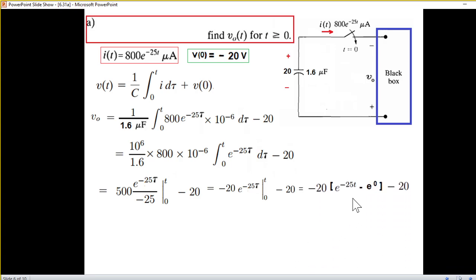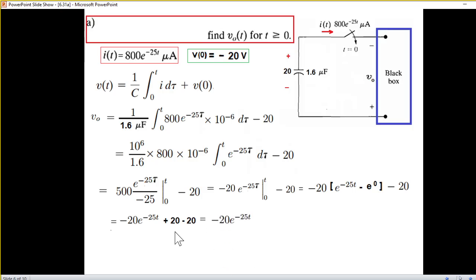Now we plug in the limit t in the first case and 0 in the second case. We know e raised to the power 0 is equal to 1. So our answer will be this part, then minus 20 times 1, so plus 20, and this minus 20.